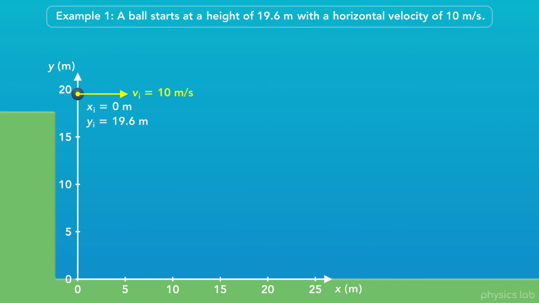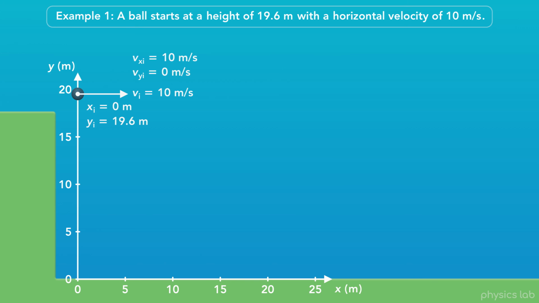The initial velocity is 10 meters per second, and it's in the horizontal direction. That means the initial x velocity is 10 meters per second. The initial y velocity is 0 because this vector has no y component. It only points in the x direction.